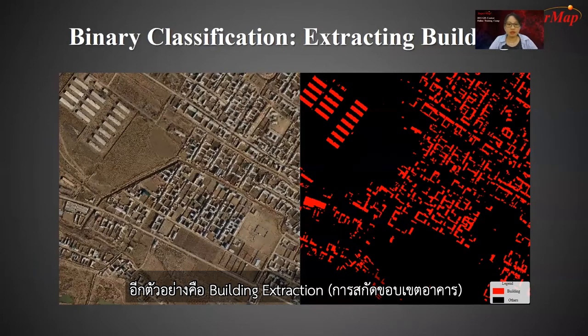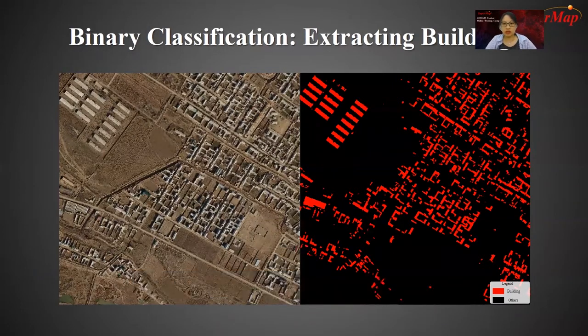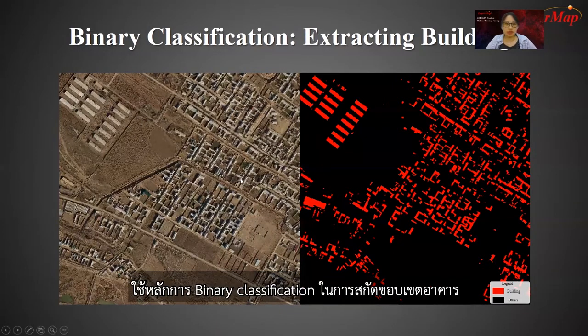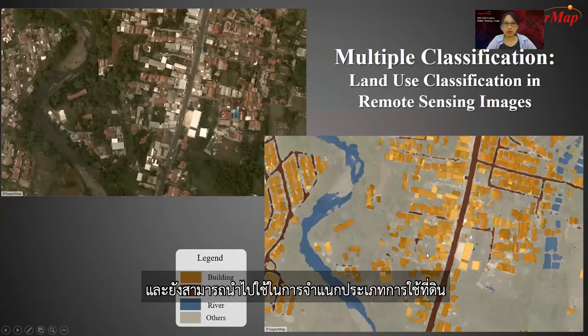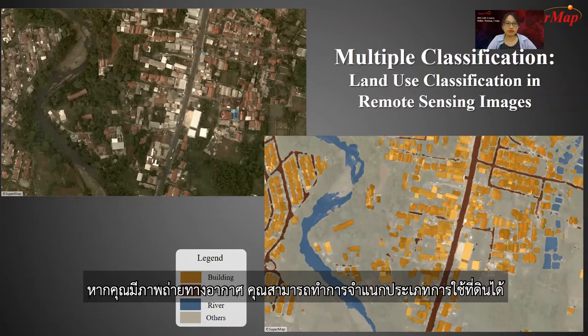Another example is building extraction. Here it uses binary classification to extract the buildings. Machine learning can also be used for land use classification. So if you have remote sensing data, you can make the land use and cover classification.